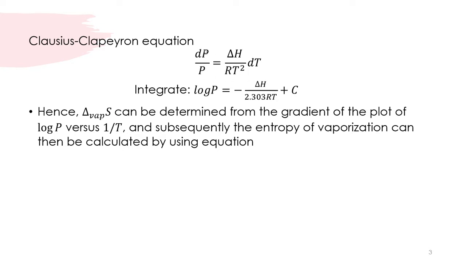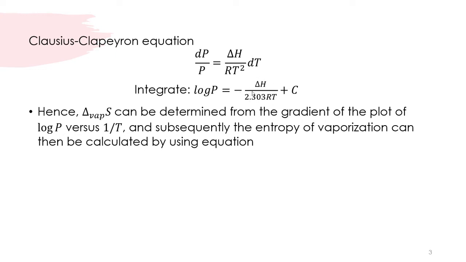Alright, so in order to plot this, it's easier to actually integrate this, and if you actually integrate this, it will give you a natural log P equals minus delta H over RT plus C. C is the intercept. So the integration of, for example, 1 over x squared will give you minus 1 over x. So the integration of 1 over T squared will give you minus 1 over T, as you can see here.